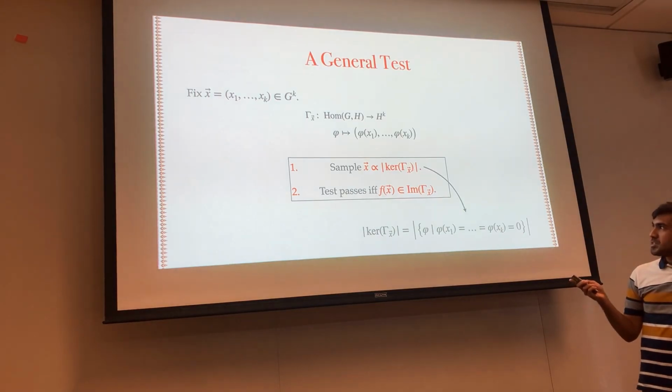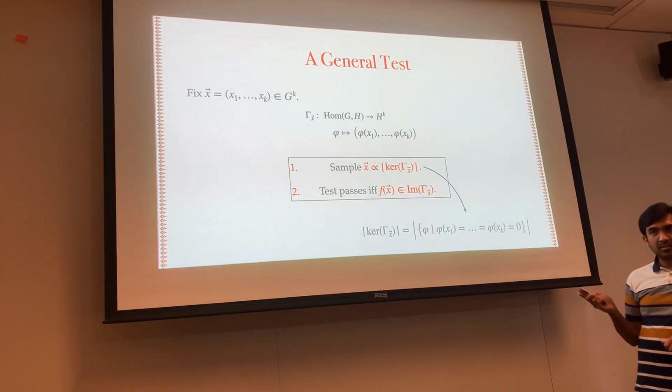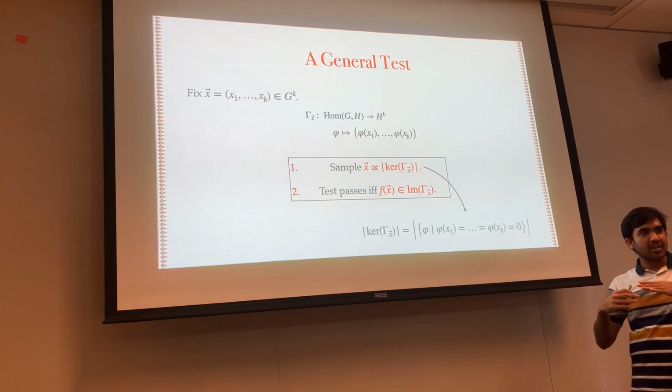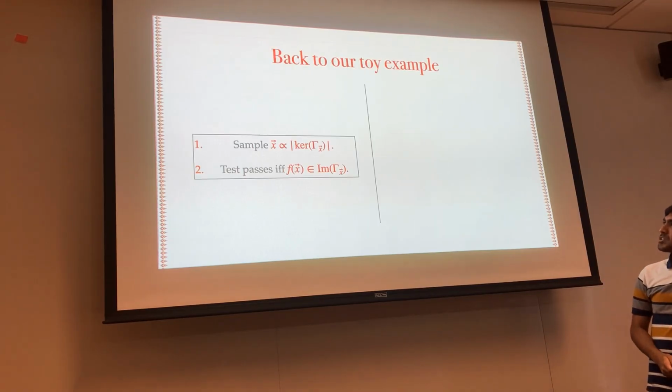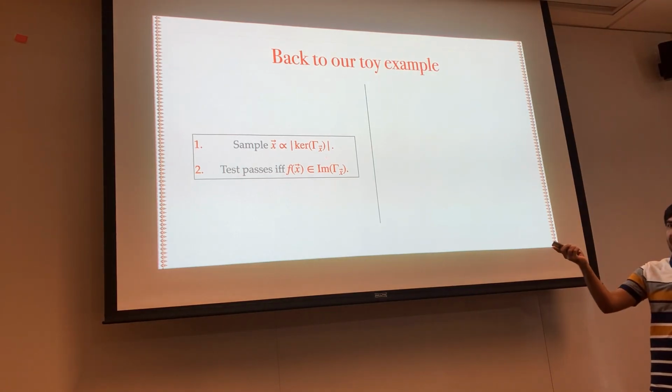Just to unpack what this size is, it's just the number of homomorphisms phi that vanish on all k points. So if you think of a subspace, if all the k points lie in a low-dimensional subspace, then more things will be zero there, as opposed to if they were random. That gives intuition as to why this deviating makes sense.